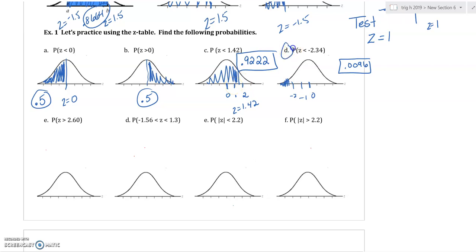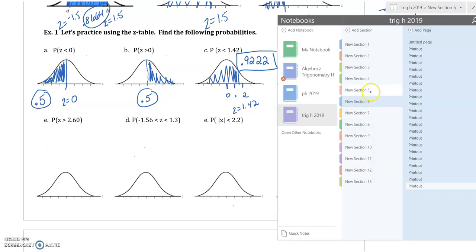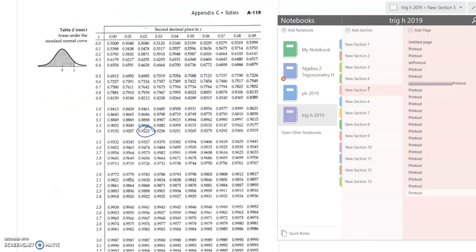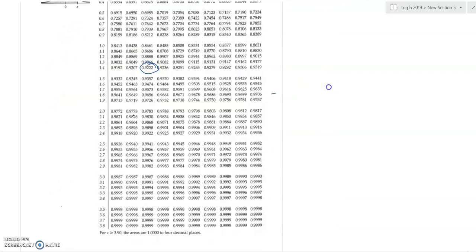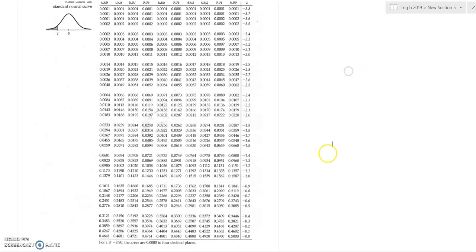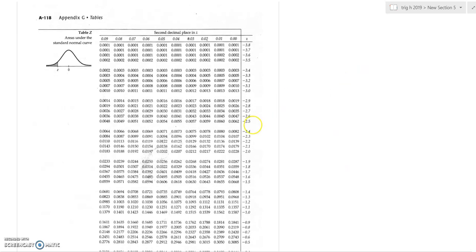What about part D? We had a z-score of negative 2.34. So here we go. Negative 2.3, negative 2.34, that would be right here.